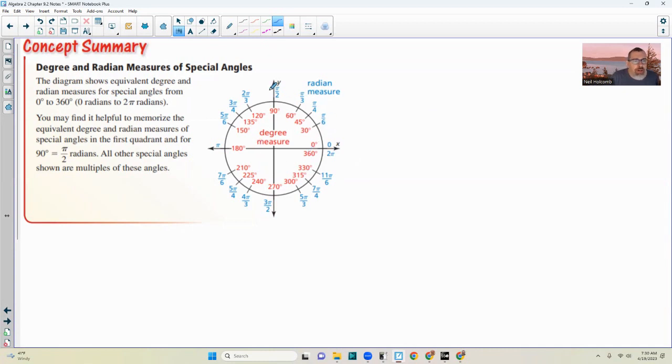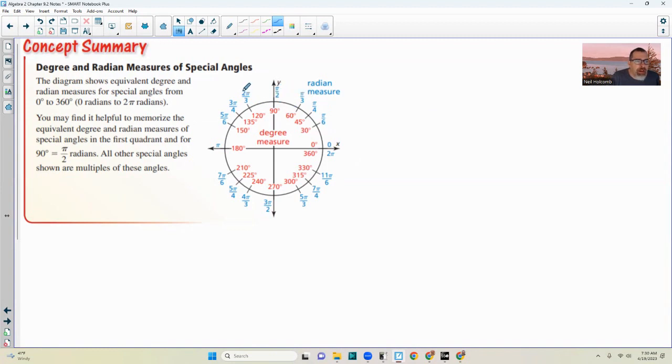So there they are, pi over 6, pi over 4, pi over 3, pi over 2, but then it goes to 2 pi over 3. Again, that's double, 4 pi over 6. So think of this as 1 pi over 6, 1 pi over 4, 1 pi over 3, pi over 2.